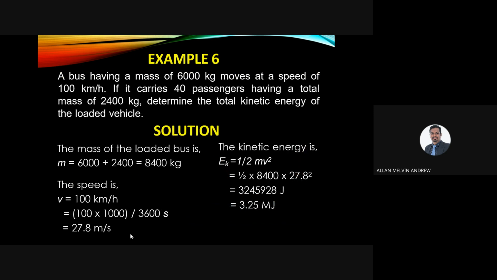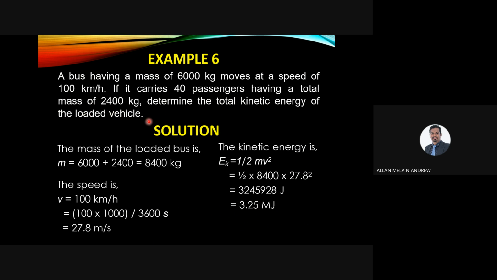A bus having a mass of 6,000 kilogram moves at the speed of 100 kilometer per hour. If it carries 40 passengers having a total mass of 2,400 kilogram, determine the total kinetic energy of the loaded vehicle.